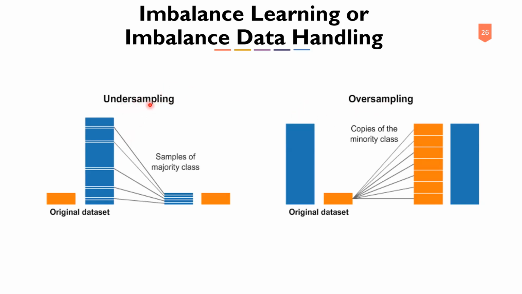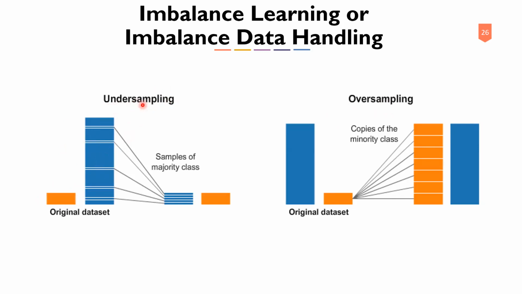For example, we have an original data set where here are the minority instances and these belong to the majority instances.